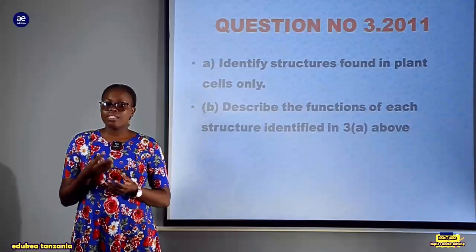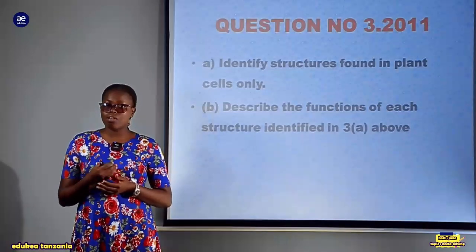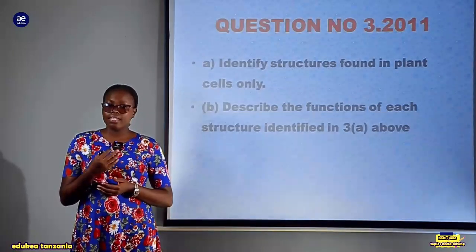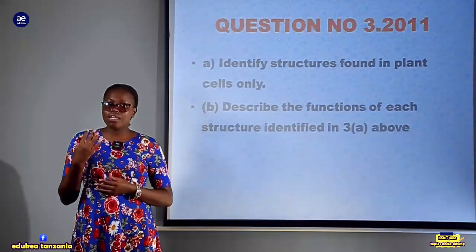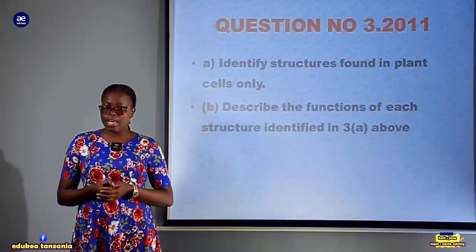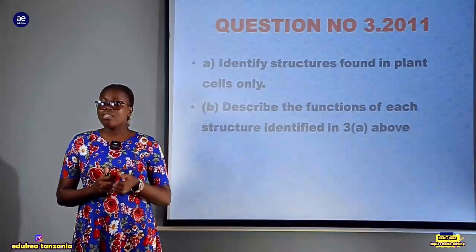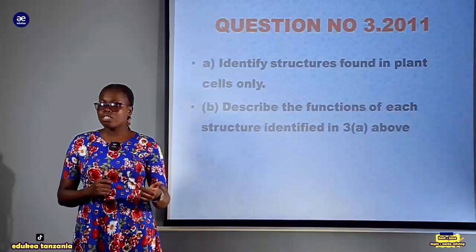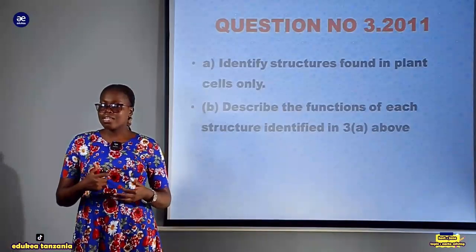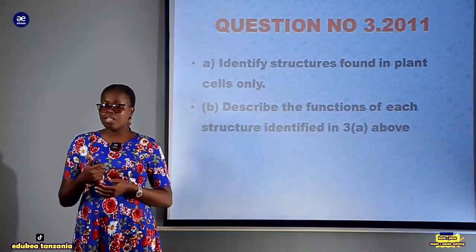So this question has been constructed on these two kinds of cell, the plant cell and the animal cell. In order to answer question A, you need to know the cellular structures found within the animal cell and those found within the plant cell.